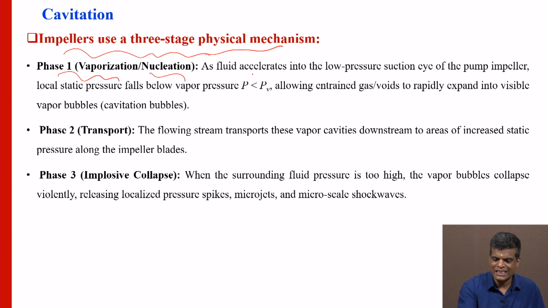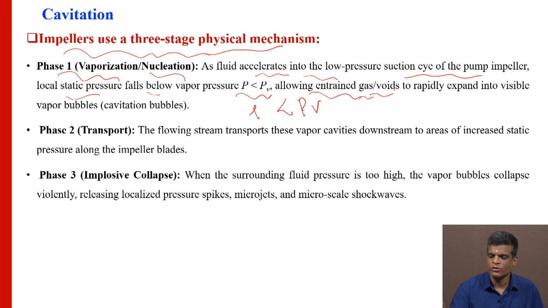As the fluid accelerates into the low pressure section at the eye of the pump impeller, the local static pressure falls below the vapor pressure, allowing entrained gas or voids to rapidly expand into visible vapor bubbles. These are the cavitation bubbles.